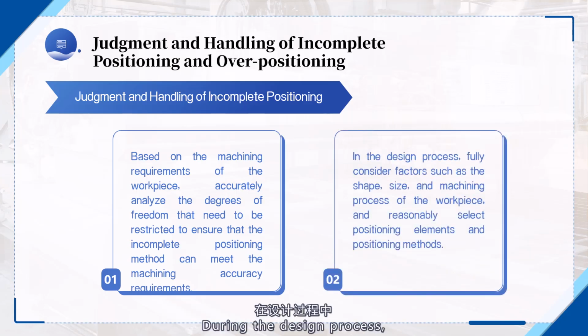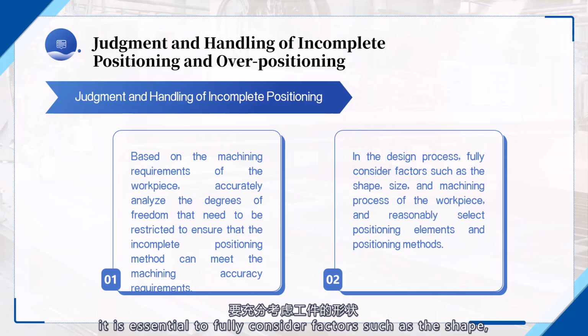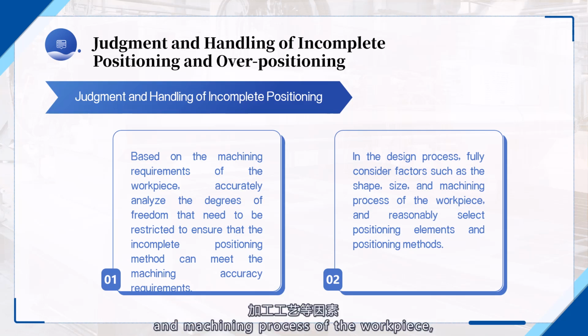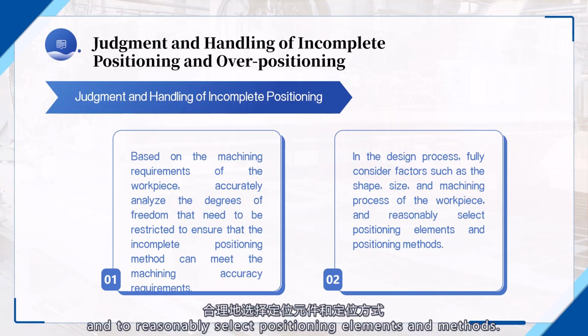During the design process, it is essential to fully consider factors such as the shape, size, and the machining process of the workpiece, and to reasonably select positioning elements and methods.